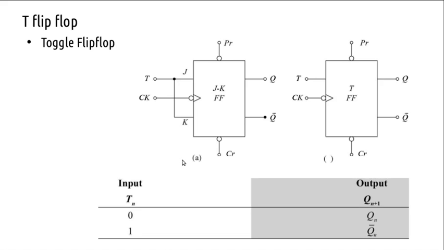So it is JK: the inputs are tied together. This is called a toggle flip flop. This happens in the case of the JK flip flop. So what happens? T equals 0 means the output is the previous state. T equals 1 means it's toggling.